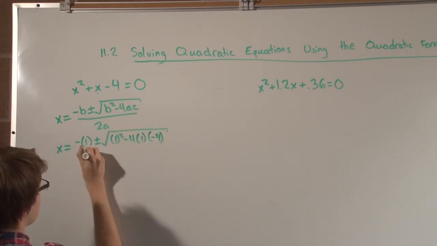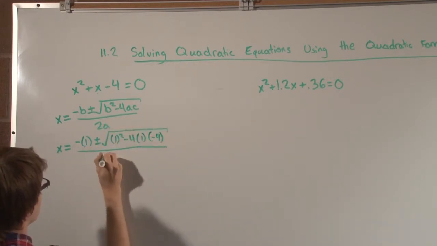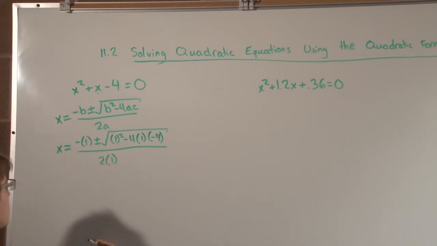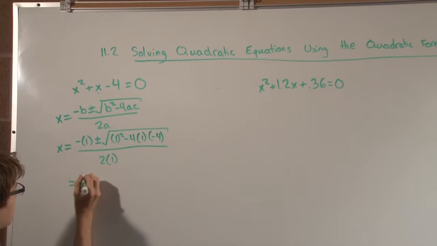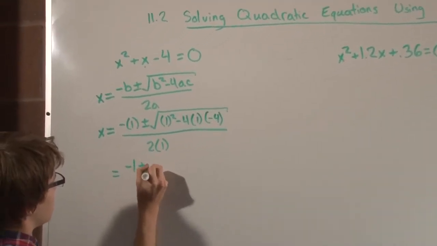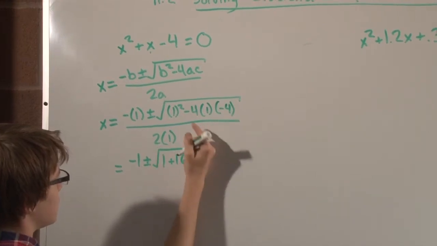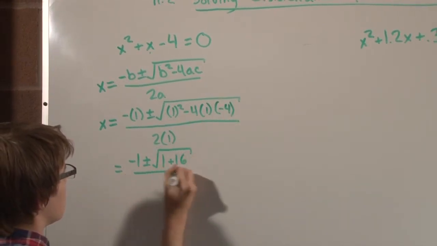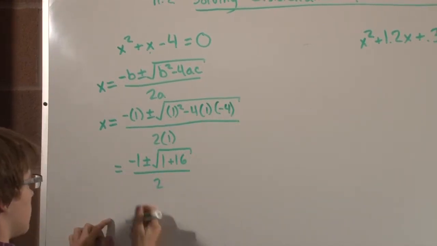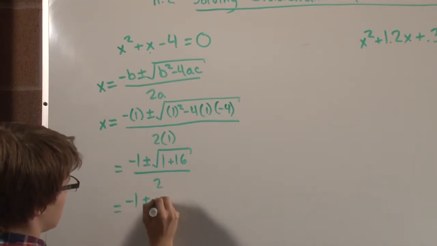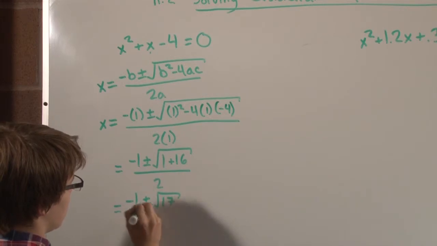If that's under the square root, then all of that is over 2 times the thing in front of the x squared, which is 1. And so, same thing as negative 1 plus or minus the square root of 1 plus 16, which is negative 4 times negative 4, over 2. And then that is negative 1 plus or minus the square root of 17 over 2.